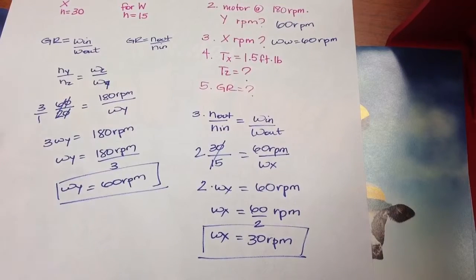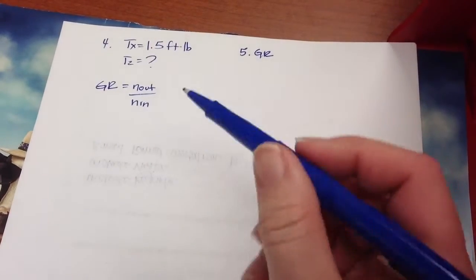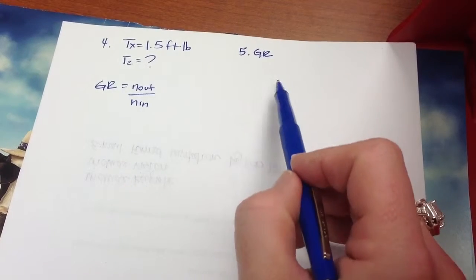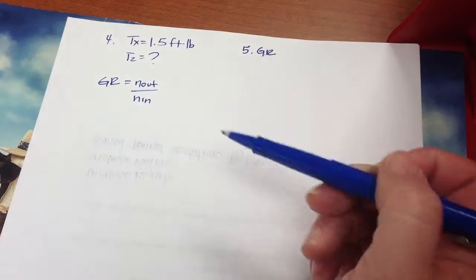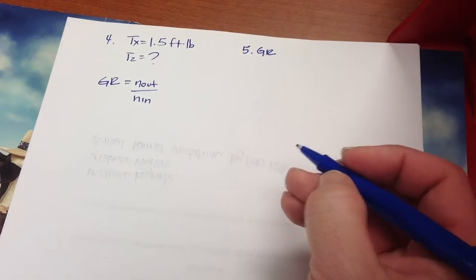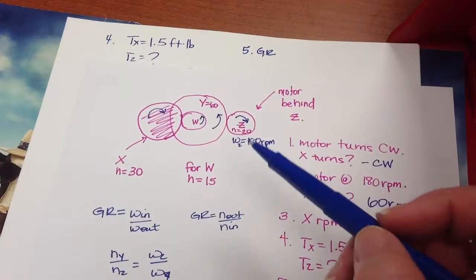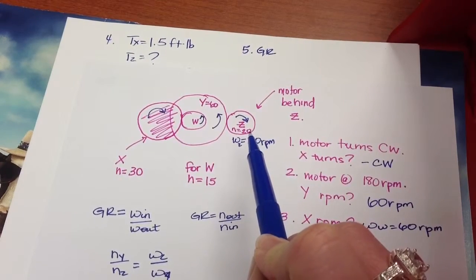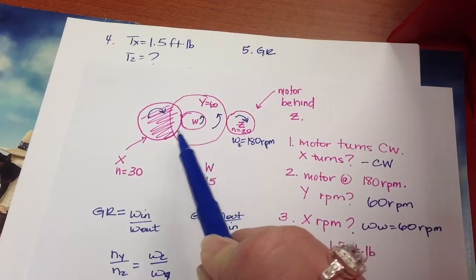All right, now in number 4, I want to know the initial torque, and in number 5, I want to know the overall gear ratio. But to do this, I really need to know the overall gear ratio first. So let's think about how our gear train worked again. We'll look back to the little sketch I made. So Z is in and this is out, and then W is in and this is out.